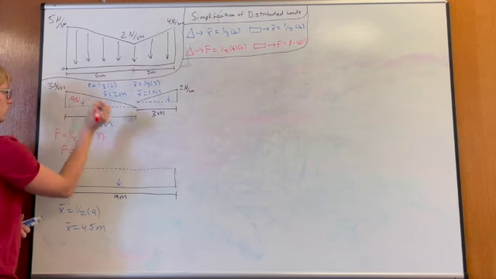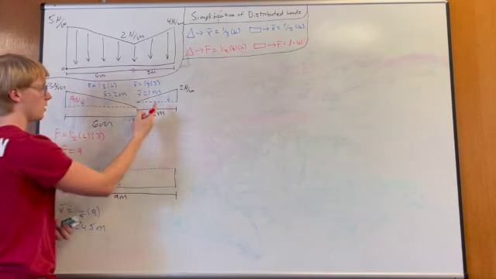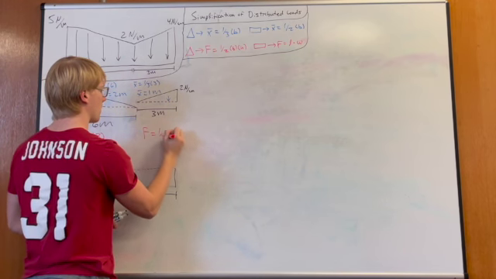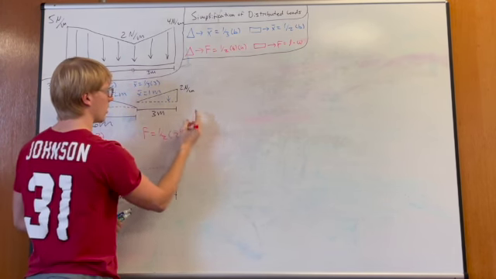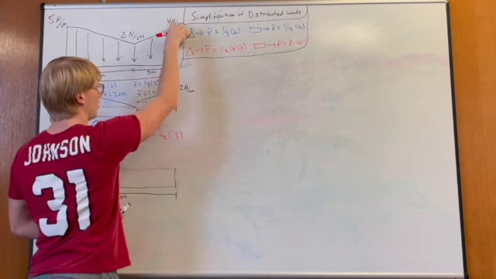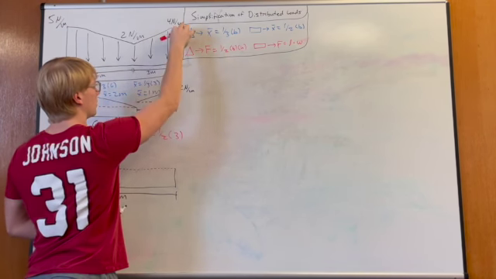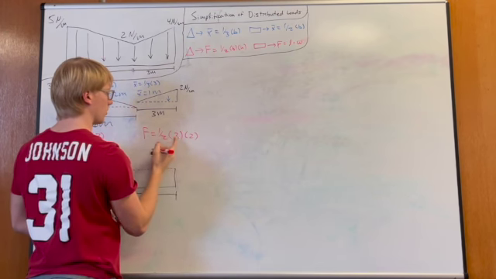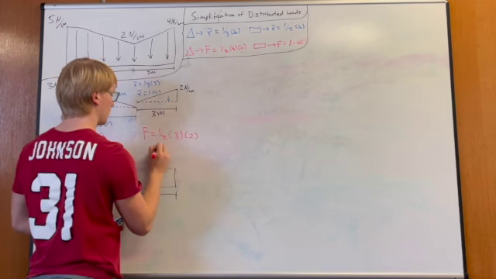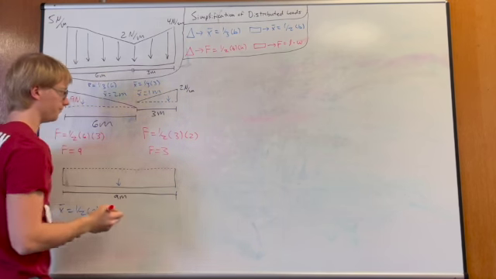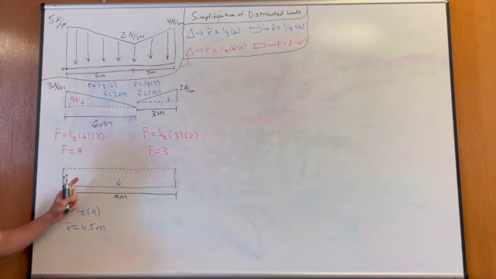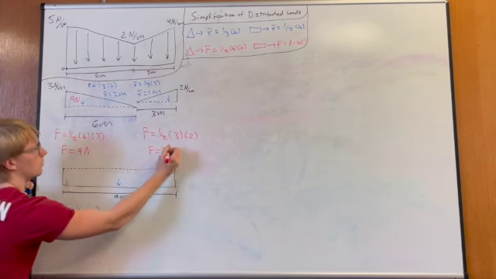9 newtons, right there. In this triangle, our force is going to be 1/2 of the base times the height, which is 2, right? 4 minus 2 is that, which is 3. And so these are newtons.